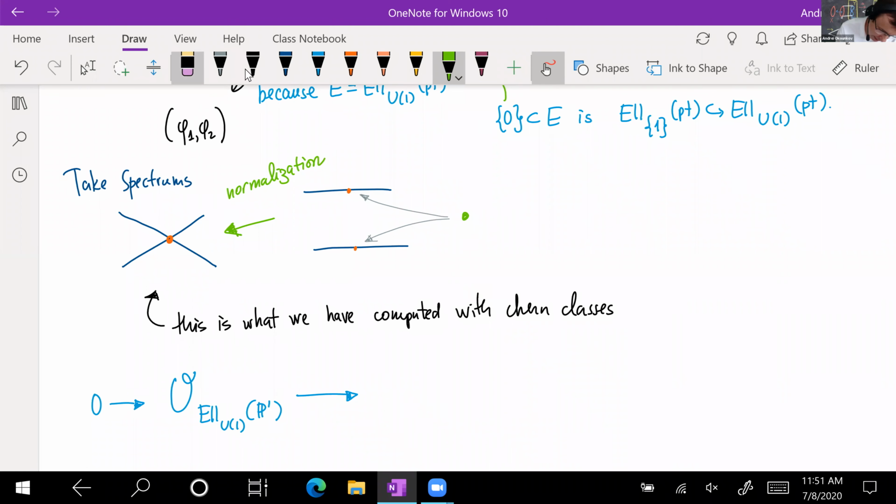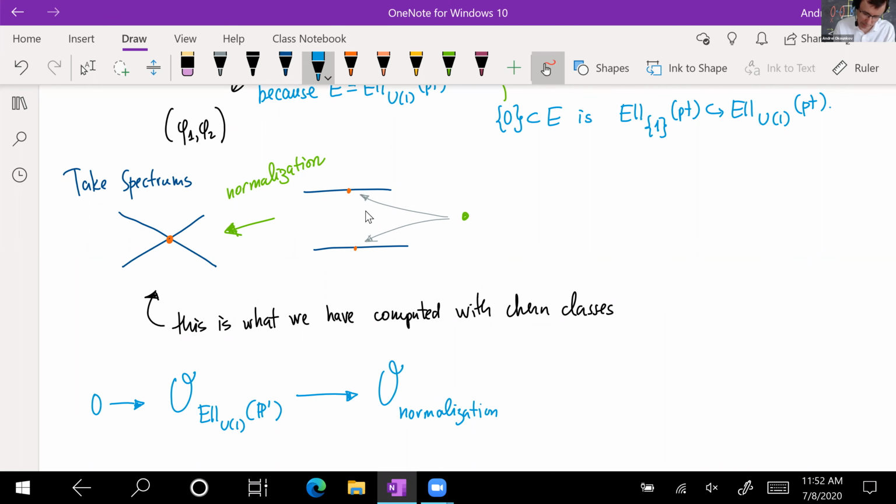So if I have a function on the union of two lines, I can pull it back to the normalization. So if I have functions on the union of two lines at the point, I have a function on one line and a function on another line, and they have to agree.